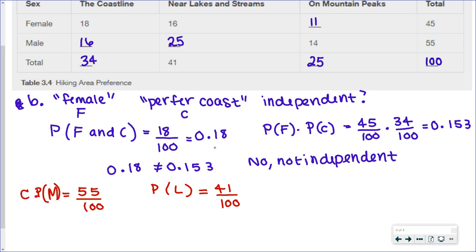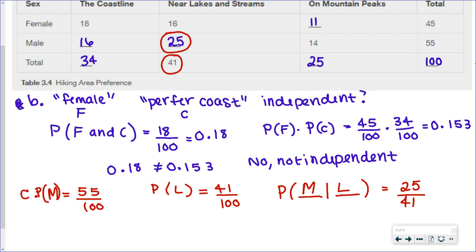Number 2, we want to fill out the blanks for the probability statement. It has P, blank line, blank, parenthesis, equals blank. So it wants us to find this probability: the probability of male given that he prefers lakes and streams. To find this probability, we look at male, lakes and streams, that's 25, given the lakes, which is 41.